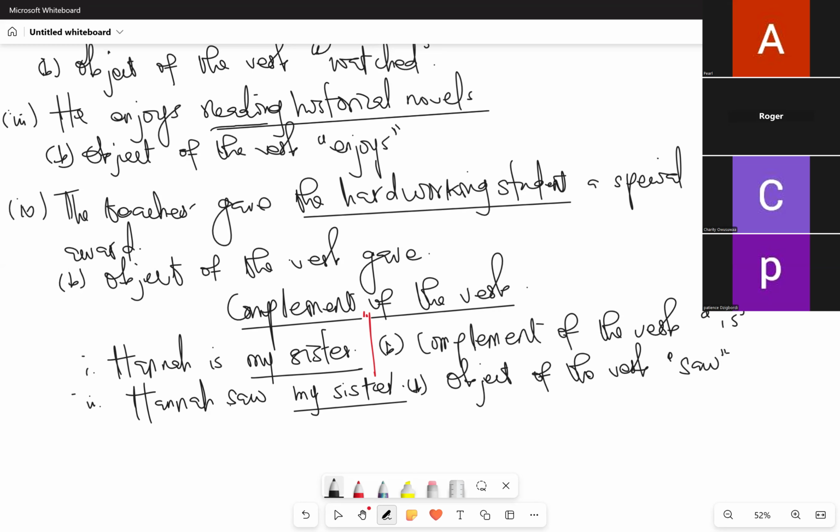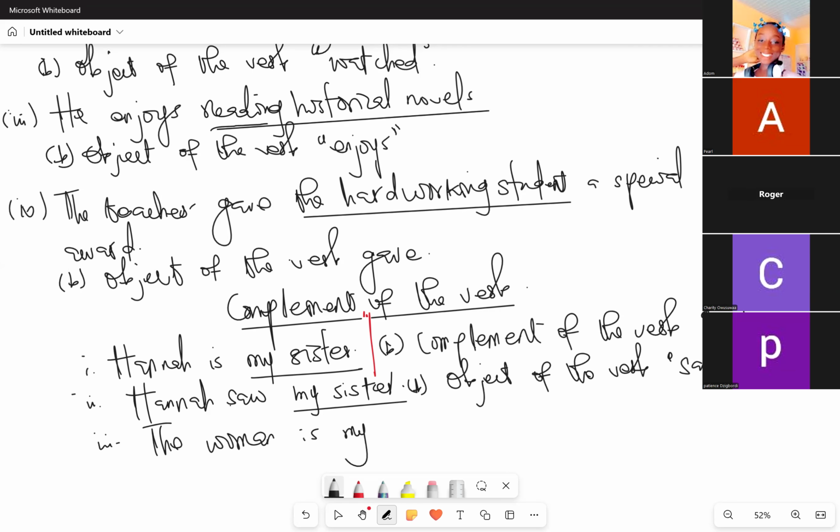Look at this one. So the woman is my mother. My mother. What's the grammatical function?